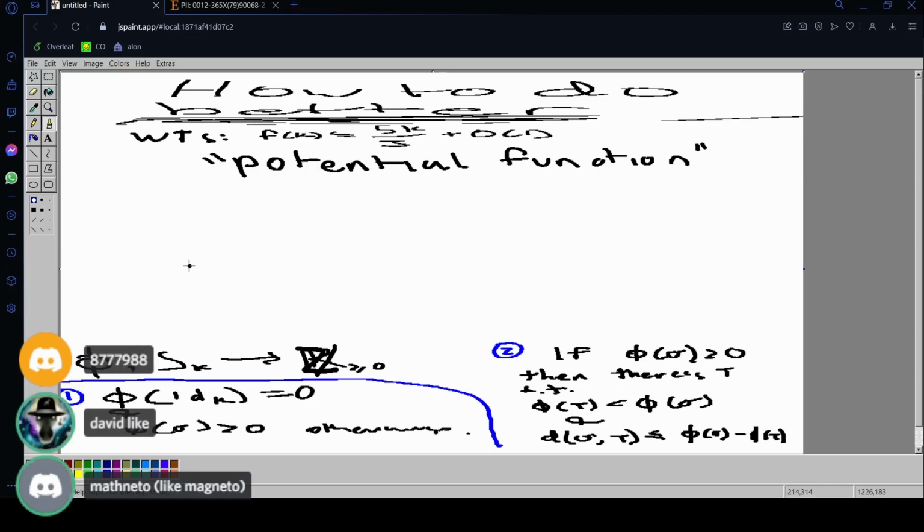But anyway, the point is, if I start at sigma 0, then I'll find some tau that's not the identity. When the potential is greater than 0, I can find some new guy where the potential is less.